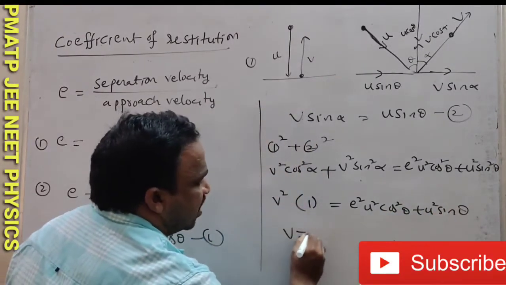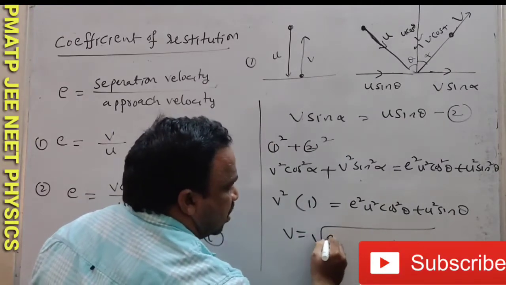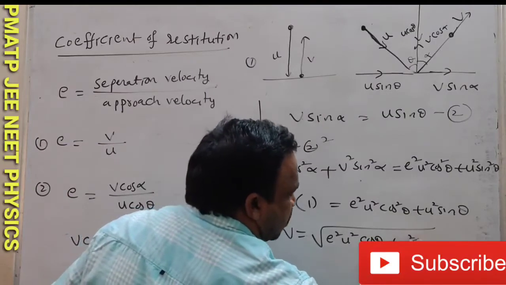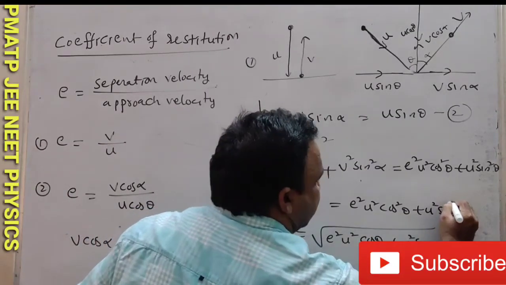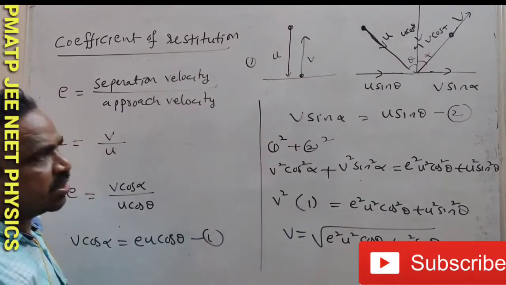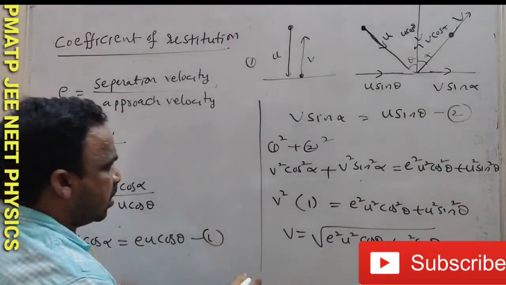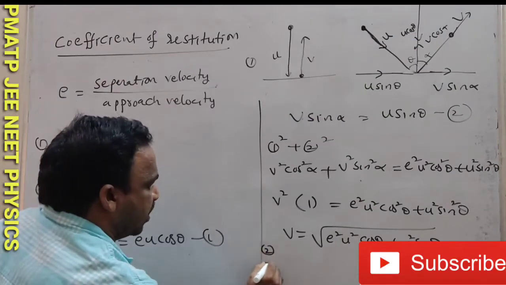Now take v square common. That is cos square plus sin square equal to 1. So the reflected velocity is v equal to the root of e square u square cos square theta plus u square sin square theta. This is the reflecting velocity after collision. And also divide 2 by 1.